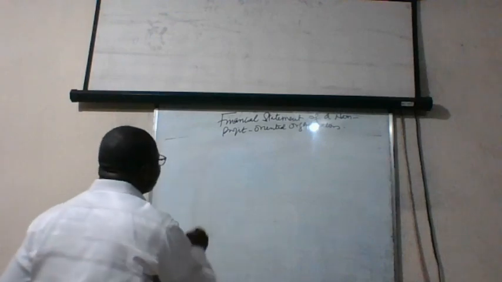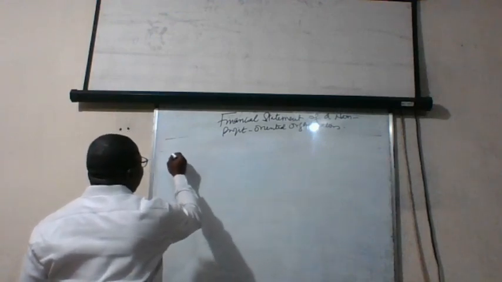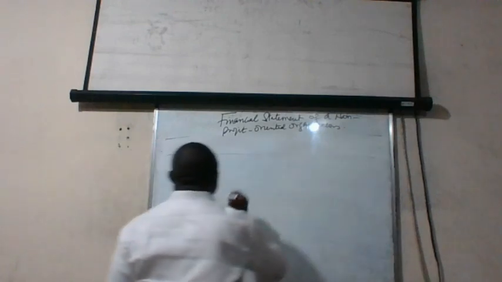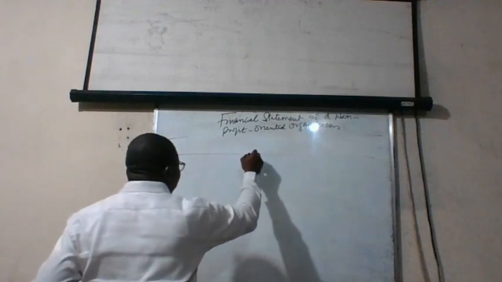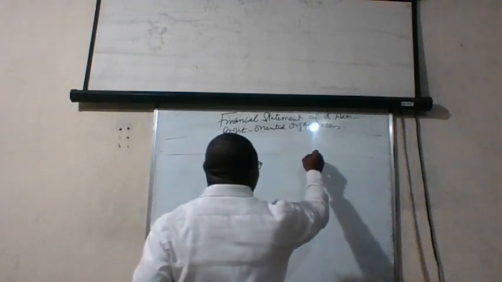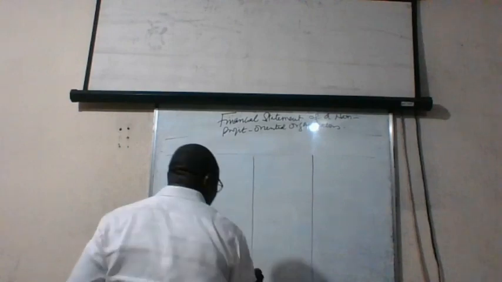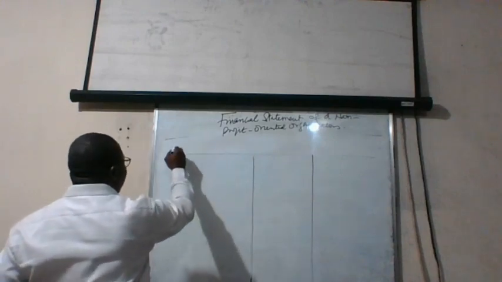Let's draw this: I'm going to have three columns. The first one here is items.